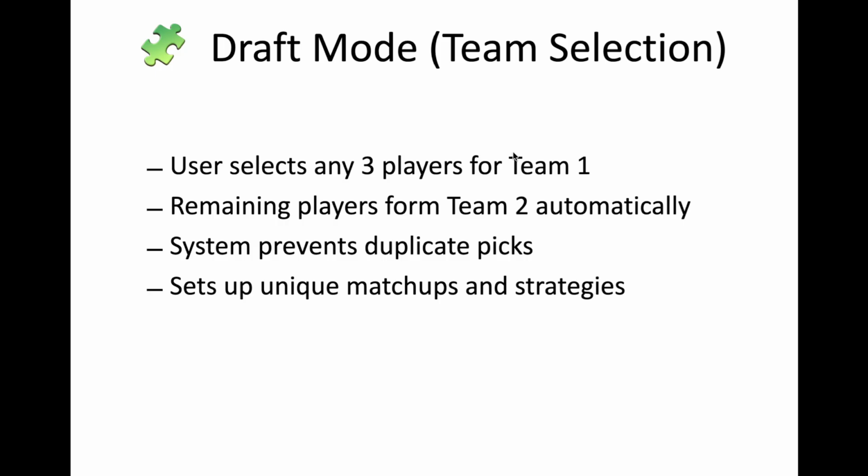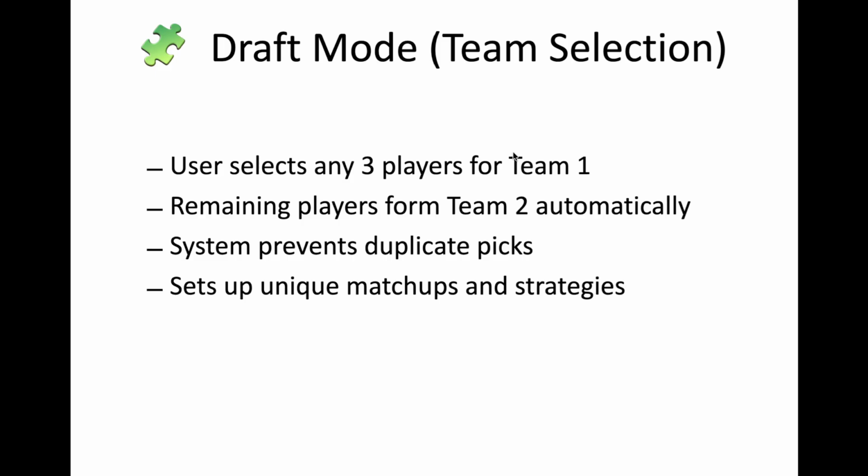Since this is an NBA simulator, the user gets to build both teams manually, or you can play with two users. At the start of the program, the user is shown a list of 6 players: Michael Jordan, Stephen Curry, LeBron James, Shaquille O'Neal, Giannis, and Victor. And like I said, these players have different attributes.